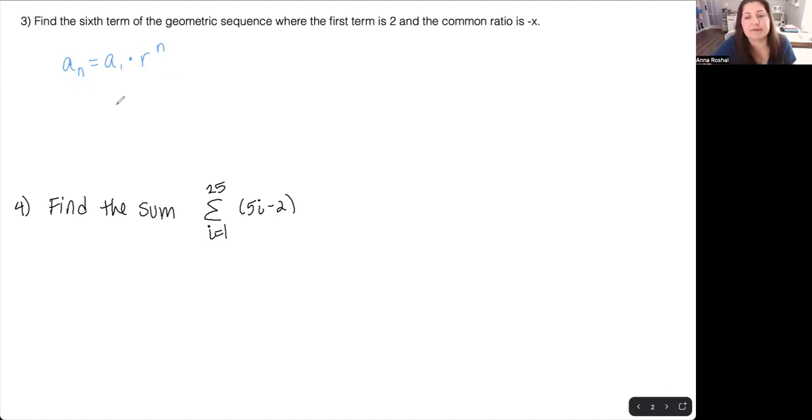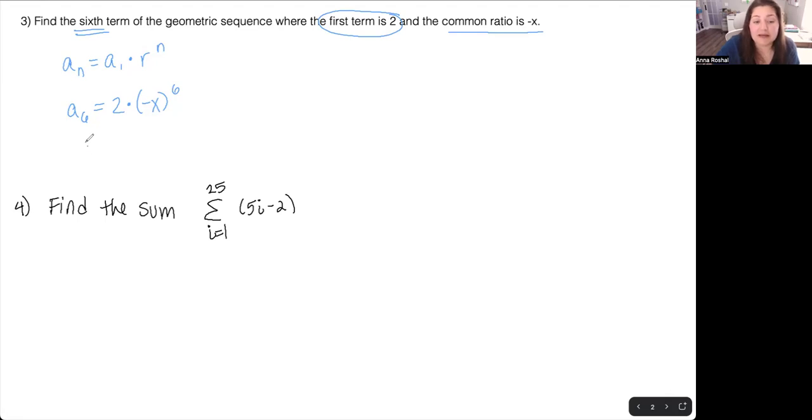I know that my common ratio is negative x, so I'm going to replace r with a negative x. I know that the first term they're telling me is 2, so I'm going to multiply by 2. And I know that I'm looking for the sixth term, so I'm going to go a sub 6. And because my n's repeat in 2 places, I'm going to put this as 6 here as well.